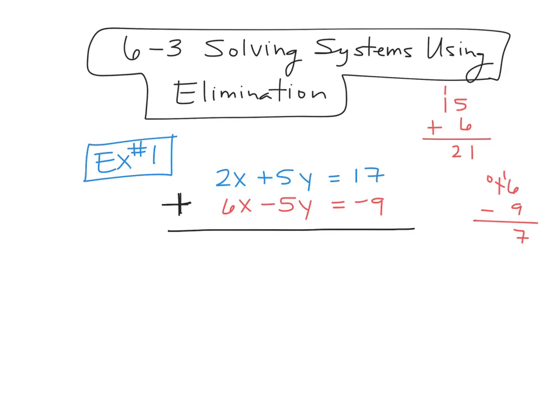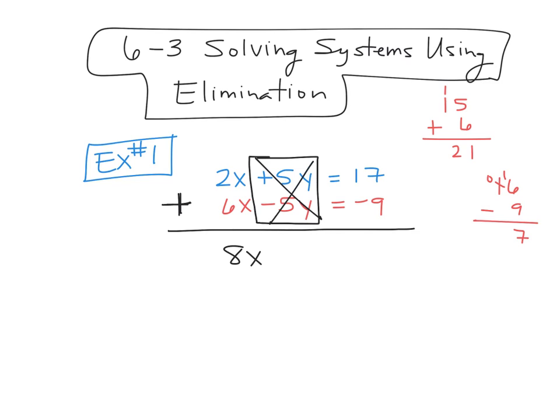That means if I go here, okay, 2x plus 6x is what? 8x. Okay? Then we go here. What is 5y plus a negative 5y? 0, okay? That has now been eliminated. We just eliminated one of our variables. So you don't need to write plus 0 there. You can just leave it that it's gone.